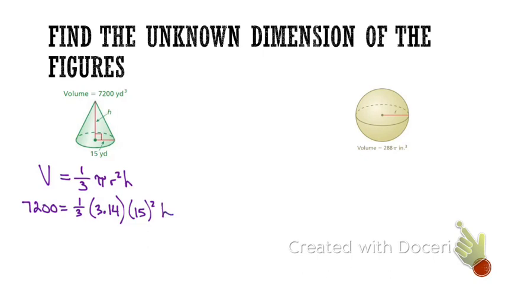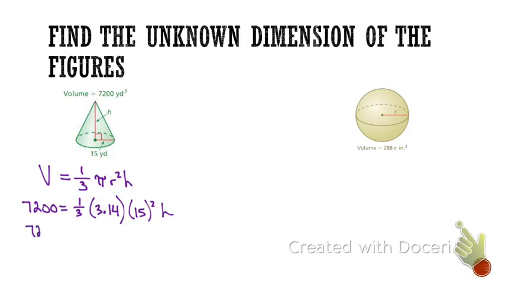So 15 squared is 225 times 3.14. And does anybody remember, what do we do with 1/3? How do we take 1/3 of 706.5? That's what I got when I multiplied this. So if you're saying to do 1/3, you divide by 3, you're exactly right.